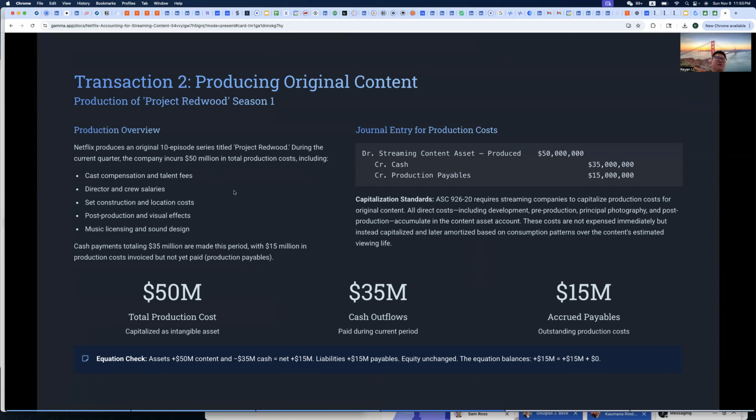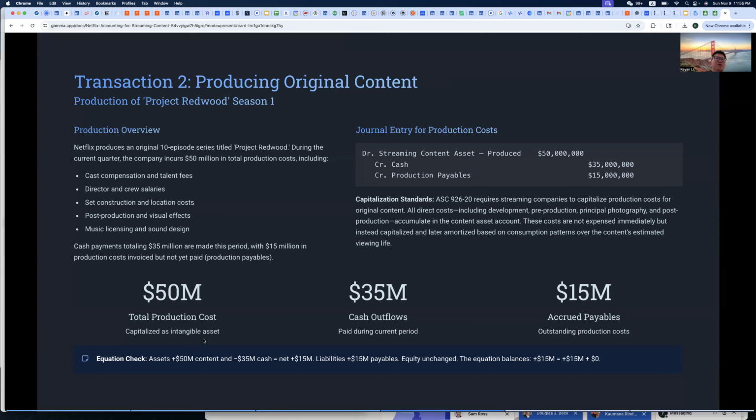During the current quarter, the company incurs 50 million in production costs, including cast compensation, director and crew salaries, location and construction costs, post-production and visual effects costs, and music licensing and sound design. Cash payments totaling 35 million were made this period, with 15 million in production costs invoiced but not yet paid.